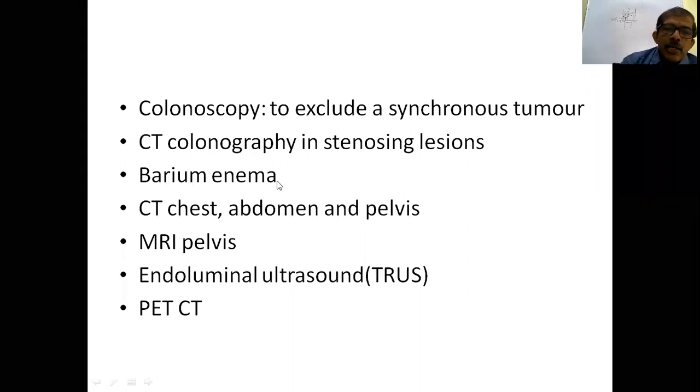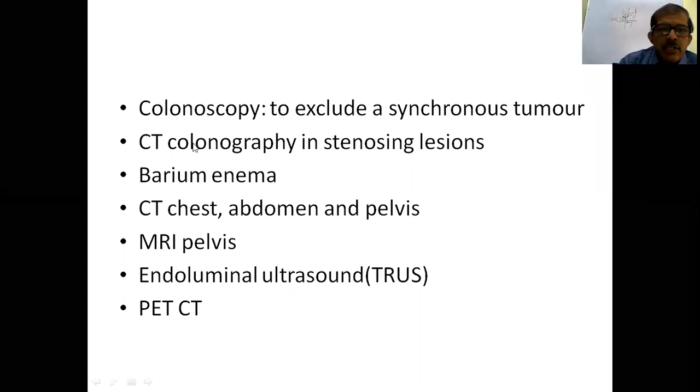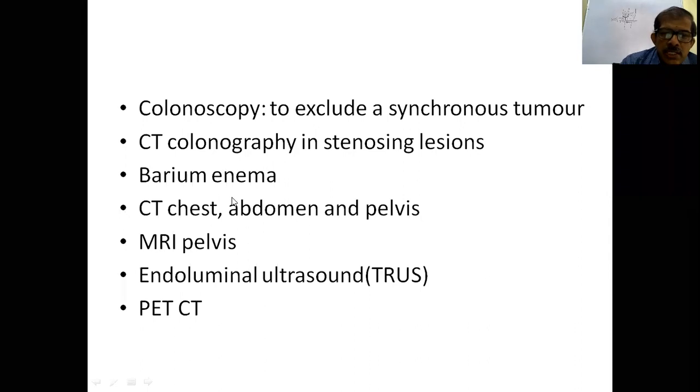Previously, we used to rely on barium enema. Nowadays, it is not very much done. Of course, contrast CT will almost show you barium enema pictures. You may have to do CT abdomen, pelvis, CT chest even sometimes, and MRI pelvis is another very useful investigation, mainly for T stage.